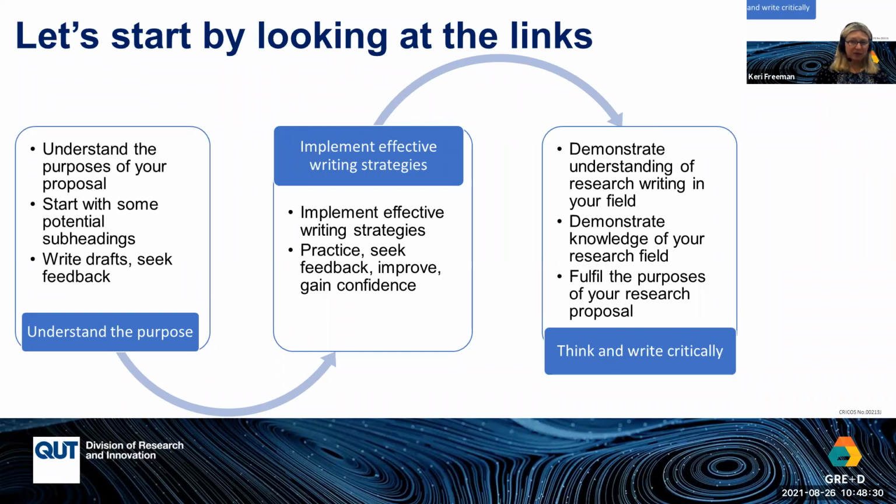Understanding the purposes, yep, that's what we just looked at. Implement effective writing strategies, that's what we're going to look at now. And those strategies are going to help you to think and write critically so you fulfill the purposes of your proposal. So it's like a never-ending circle with everything linked together.